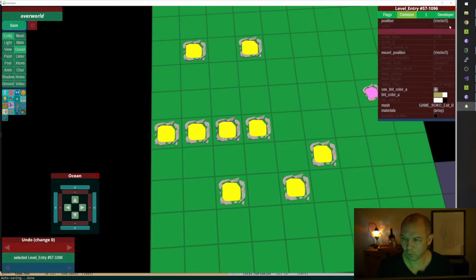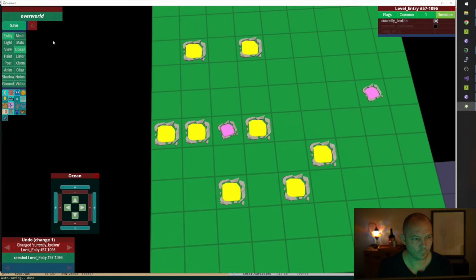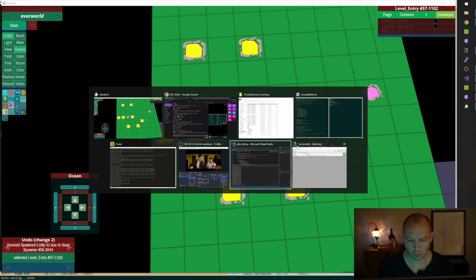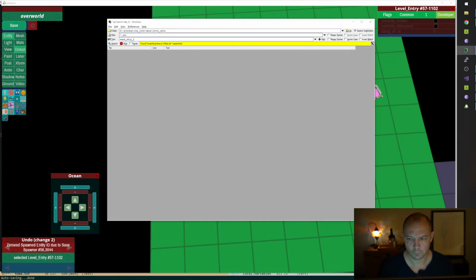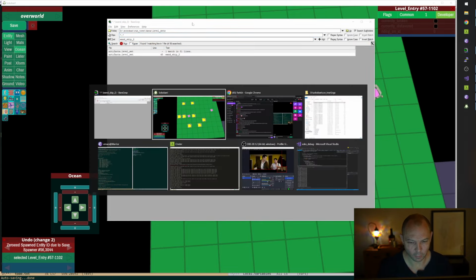Okay, it's a downstairs level anyway. Broken. This is in, I don't know what level set, so we'll find that. Artifacts.